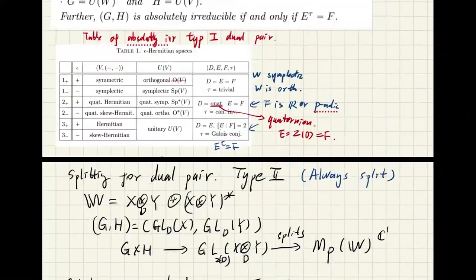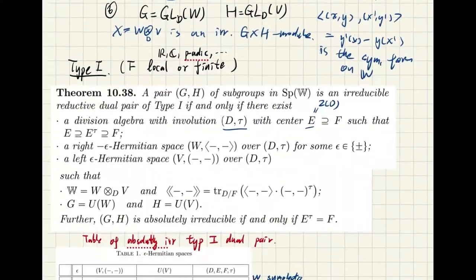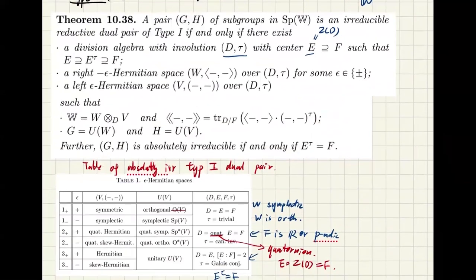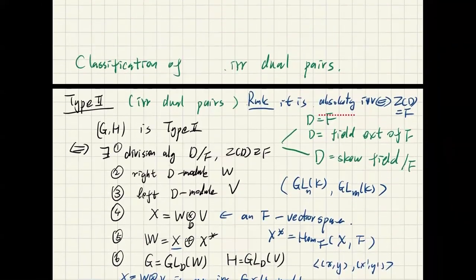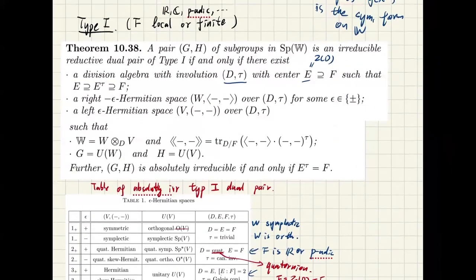Okay. The theorem you mentioned, that it's a division algebra: is it always quaternion or could it be arbitrary? If you only want to classify irreducible dual pairs, then it can be an arbitrary division algebra, not necessarily quaternion.